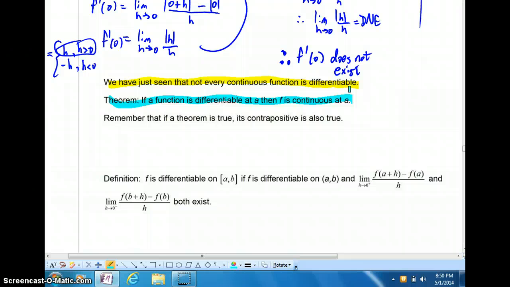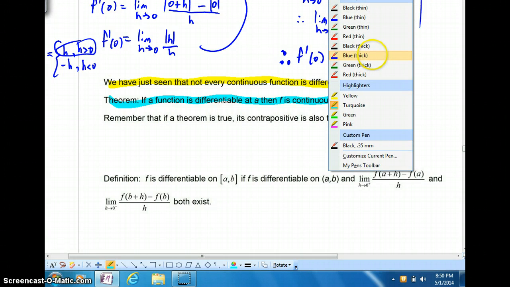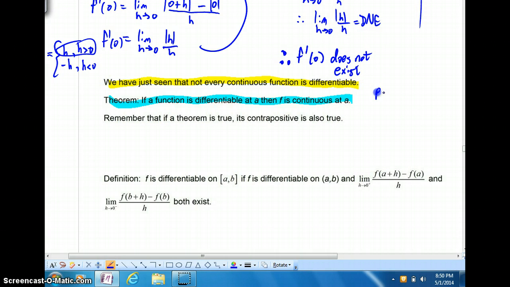Remember that if a theorem is true, its contrapositive is true. A theorem would be P implies Q. The contrapositive would be that not Q implies not P. Well, what's the contrapositive of this theorem?